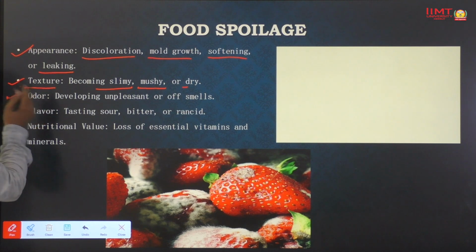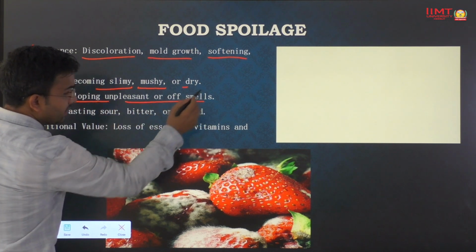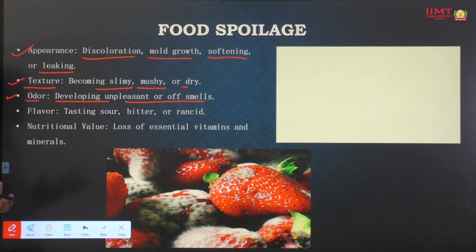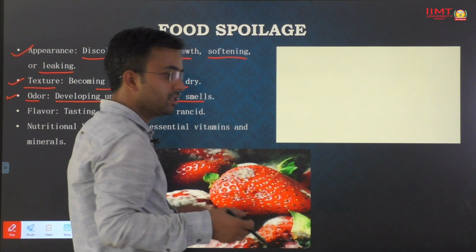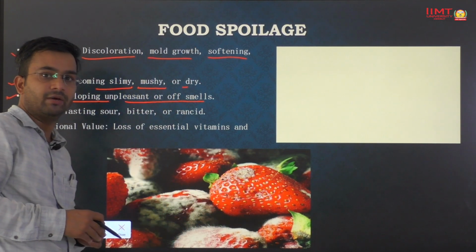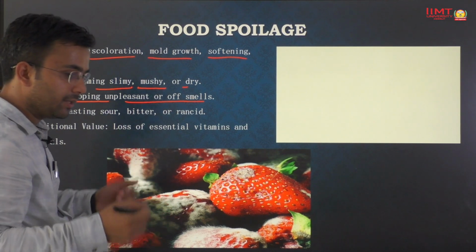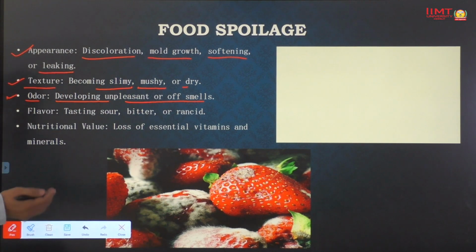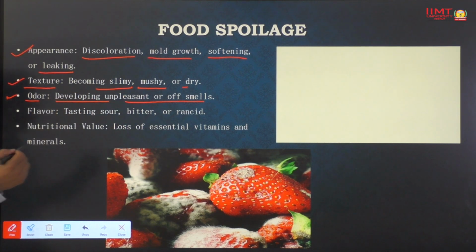The third parameter is odor, developing unpleasant smells. When we find unpleasant smells in food, in general terms we say this food is totally spoiled or cannot be eaten. These are the parameters which identify food spoilage.